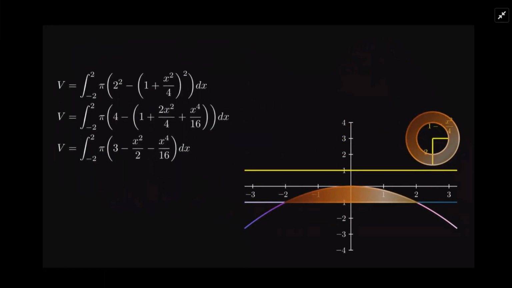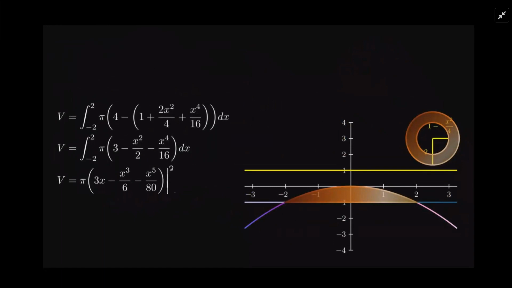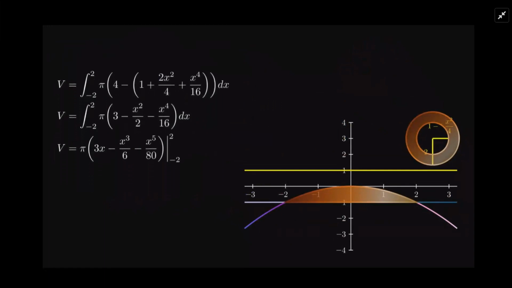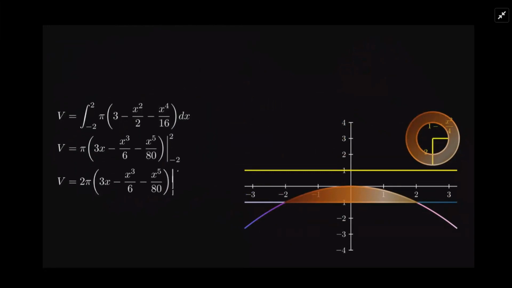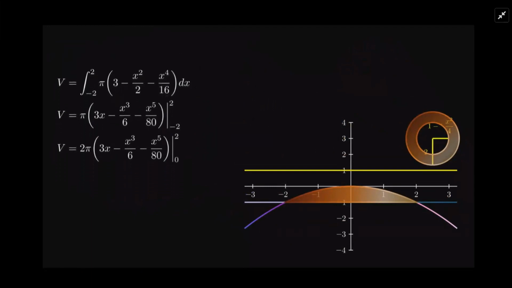So you can use this for a check. Again, same story. It's symmetrical, so we can just evaluate it from 0 to 2 and double that answer. So you get 2 pi from 0 to 2. Just plug in 2 for the final answer.